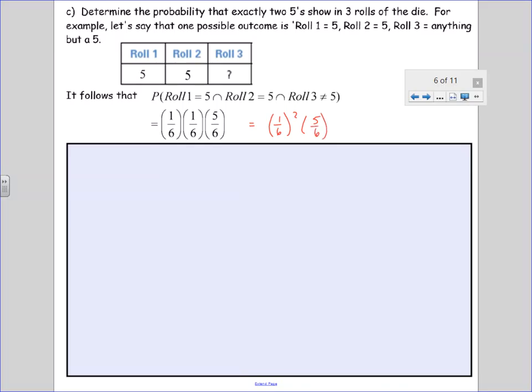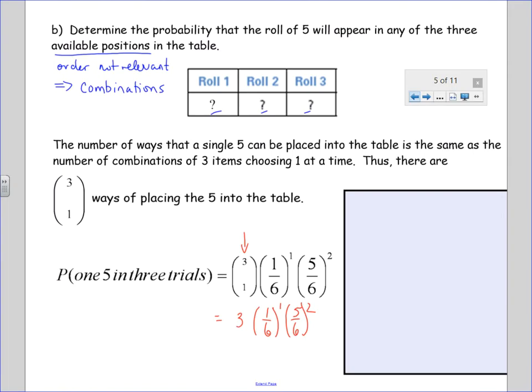Let's continuously check out what happened before. Beforehand, take note of what we had: the powers were 1 and 2 because of the number of successes we were looking for. So this exponent corresponds to the number of successes, whereas this one here would be the number of failures.